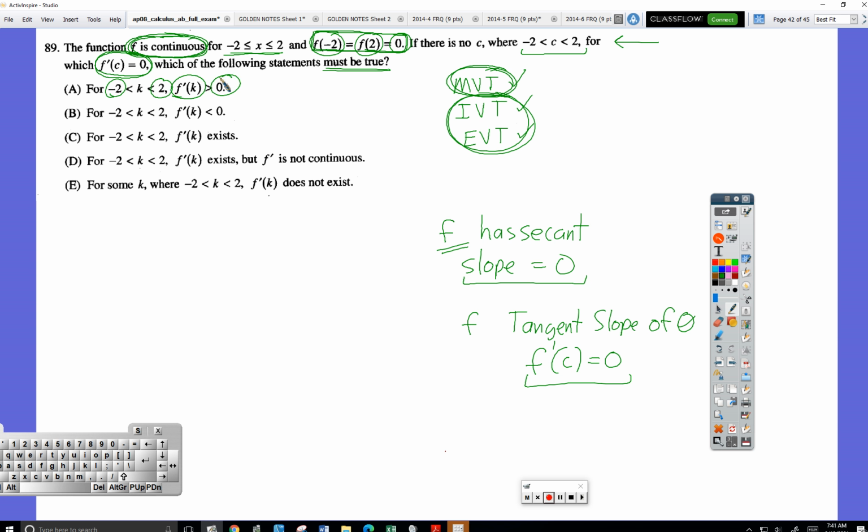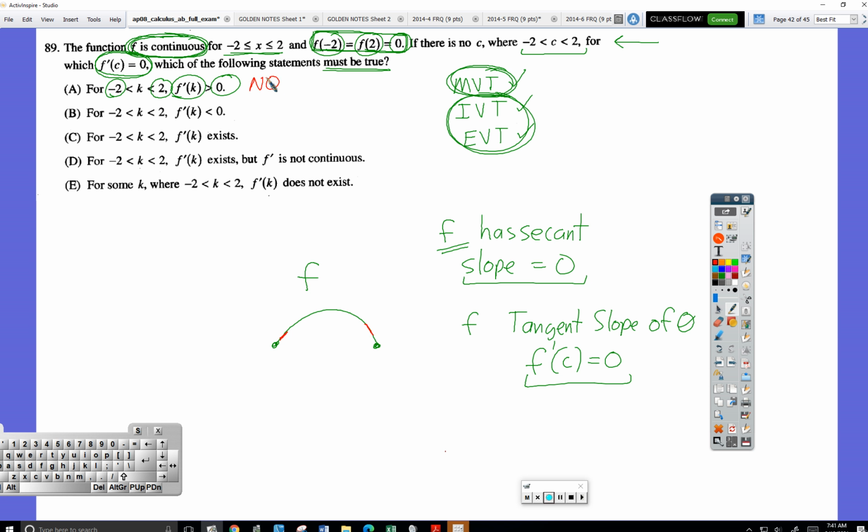Now that doesn't even make sense. Like if f has a y-coordinate of 0 and another y-coordinate of 0, f could just do that. So there's no requirement that every tangent slope on f would have to be positive, because these tangent slopes of f are definitely negative. So I know that this is not a must be true, so it's not this one.